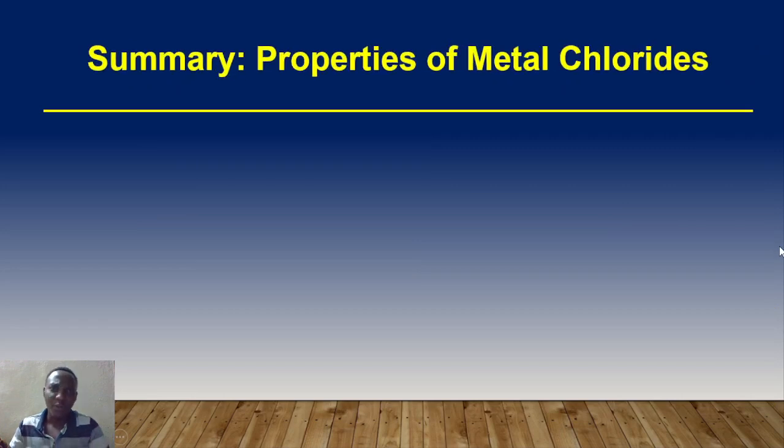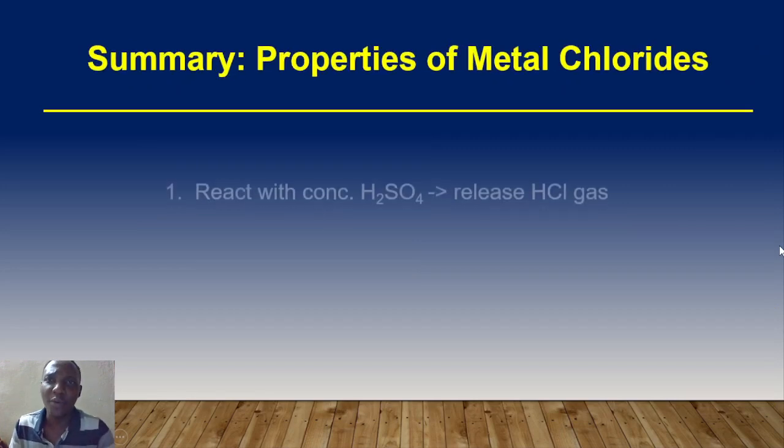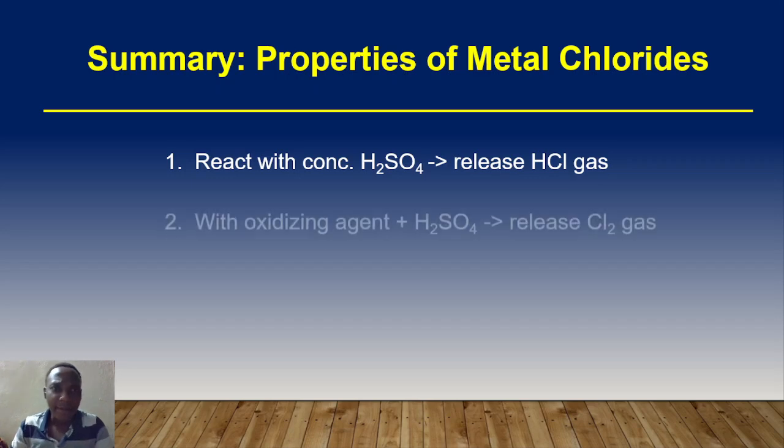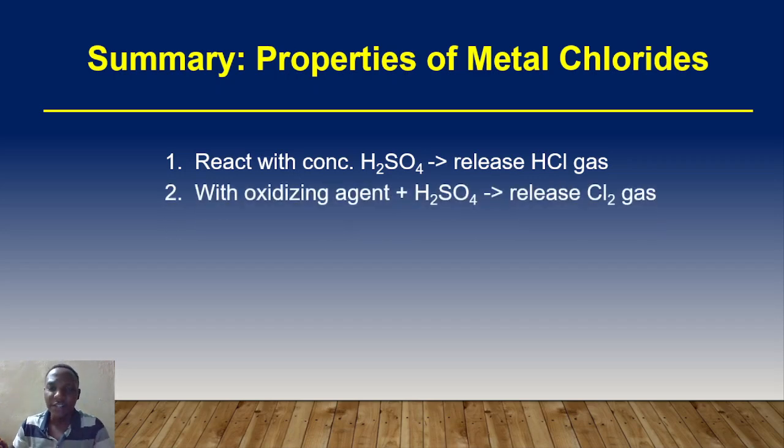So the summary for this session, properties of metal chlorides. We've discussed that the reaction with concentrated sulfuric acid leads to the release of hydrogen chloride gas. Then, reaction with an oxidizing agent plus concentrated sulfuric acid leads to the release of chlorine gas.